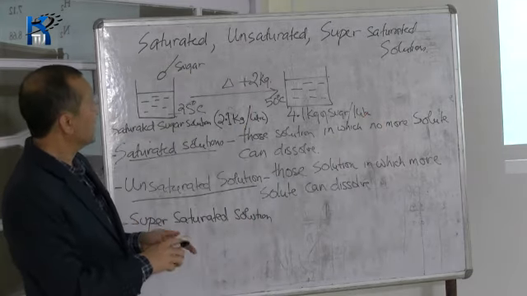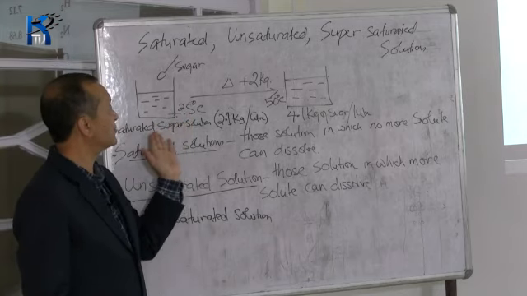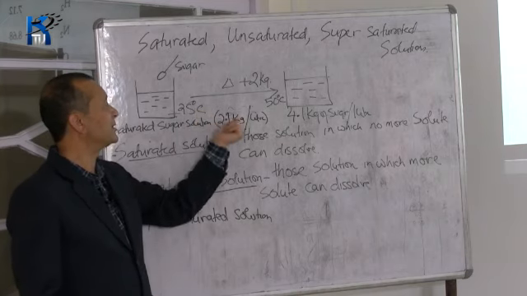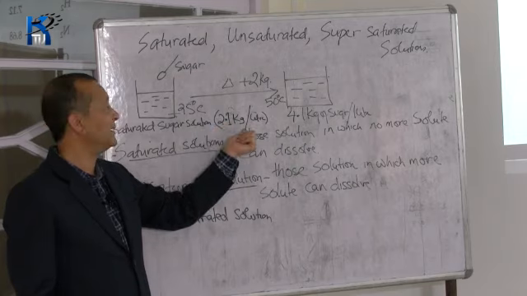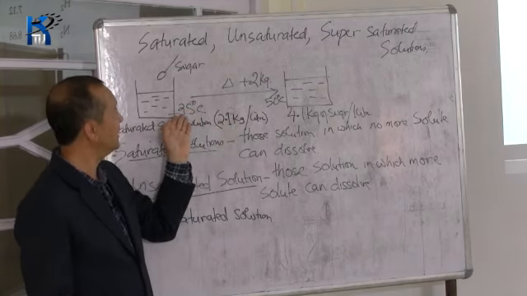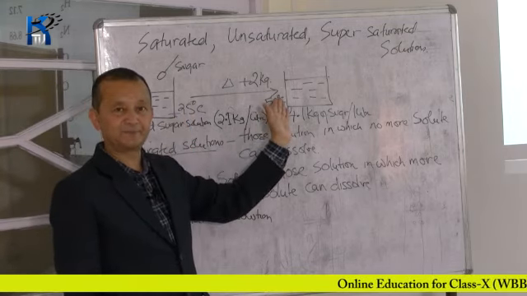So supposing we have a saturated sugar solution at 25 degree centigrade. The quantity of sugar present in 1 liter was 2.1 kg. Now you heat the solution from 25 degrees centigrade to 50 degree centigrade.